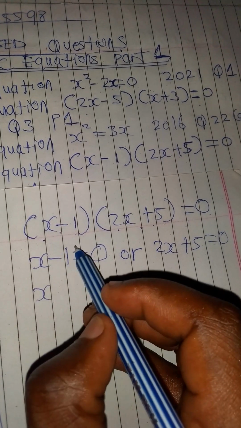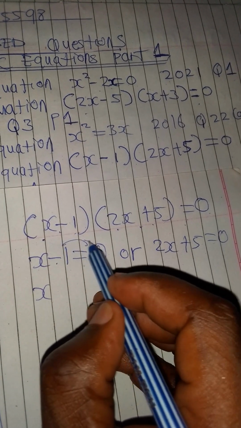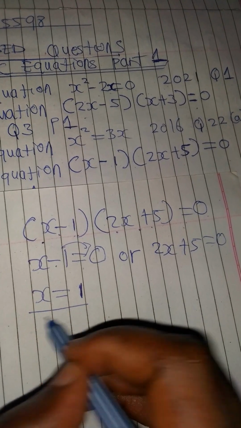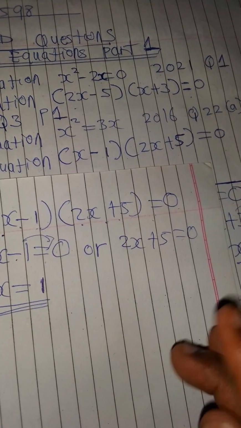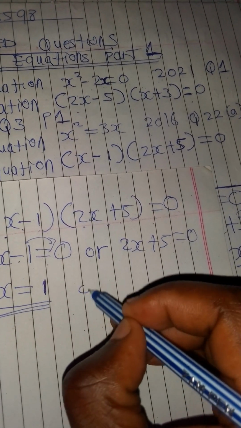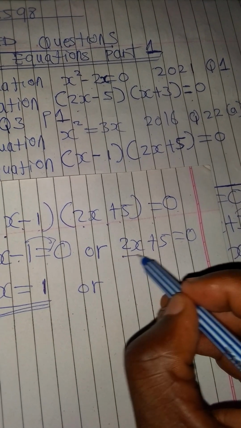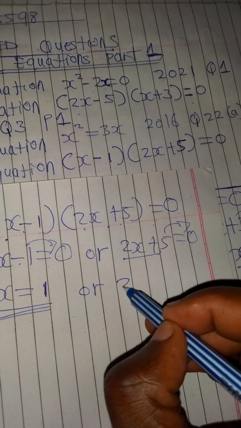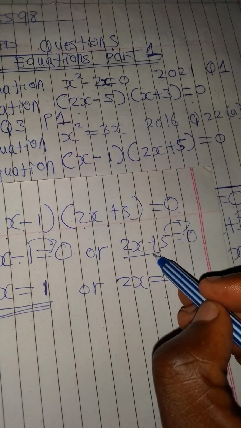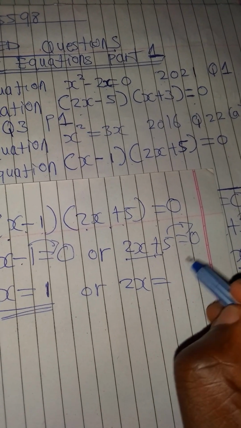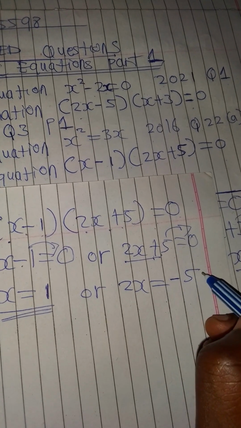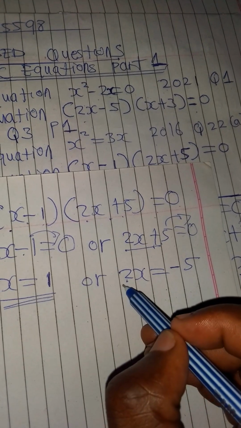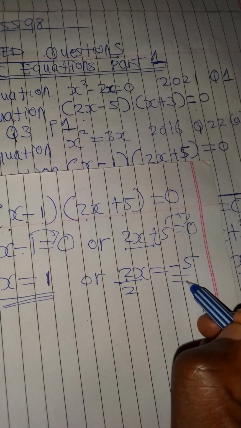Then our x, we solve. This is negative, crosses the equal sign, becomes 1. So x equals 1. Or these are unlike terms, so this 5 will go to the other side. So we have 2x equals, when positive 5 crosses the equal sign, it becomes minus 5. Are we done? No, because we want to get rid of this 2 there. So we say over 2, over 2.